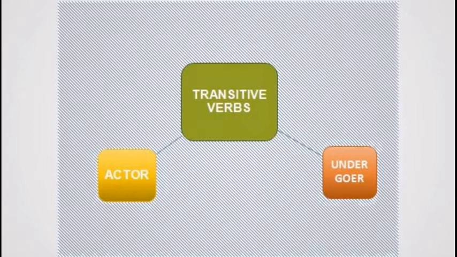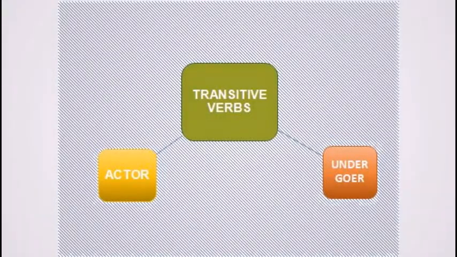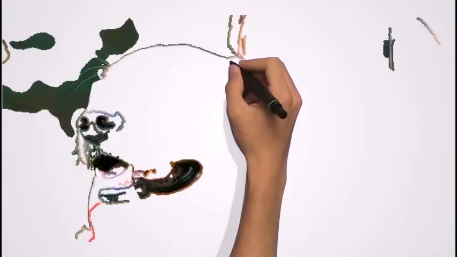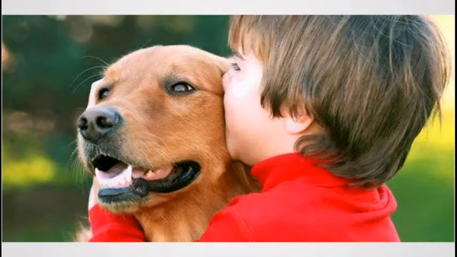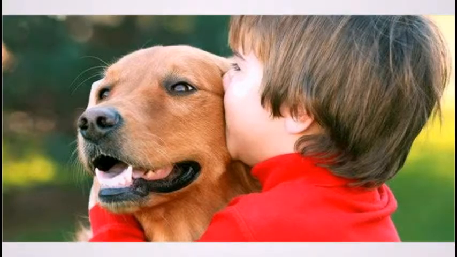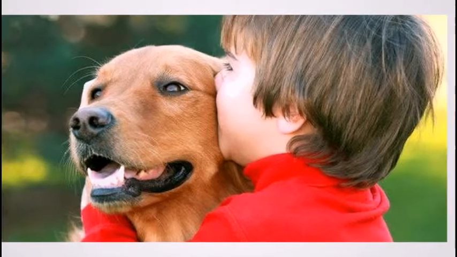According to the theory called role and reference grammar, the actor of an event is the individual that performs, instigates, or controls it, whereas the undergoer is the one that is affected by it. For example, kiss is a transitive verb because it specifies a kisser and a kissee, the first participant being the subject and the second the object.